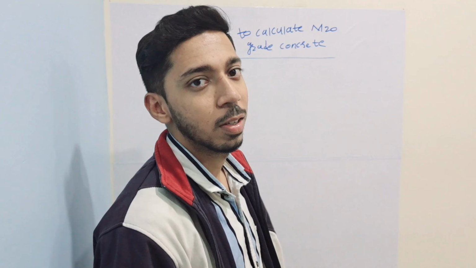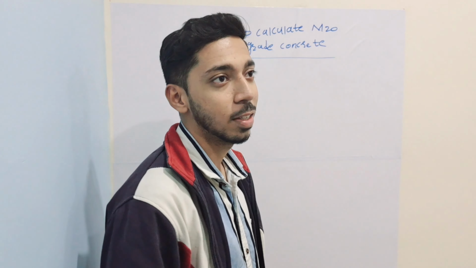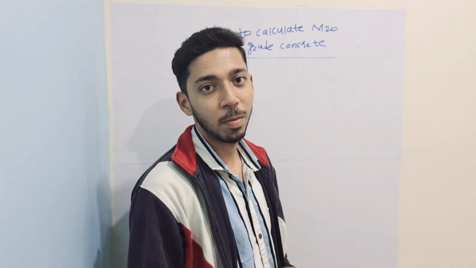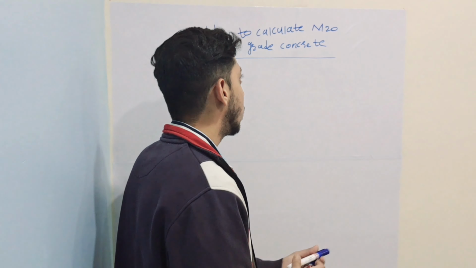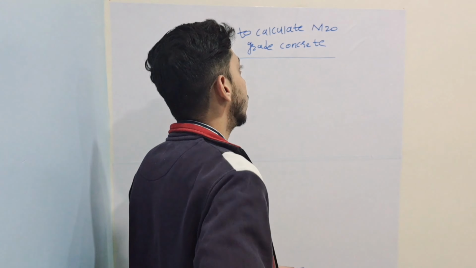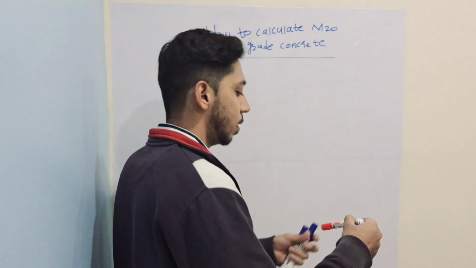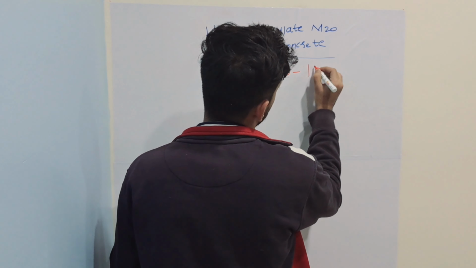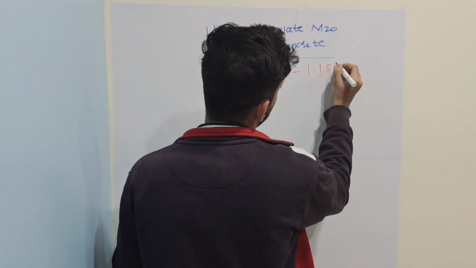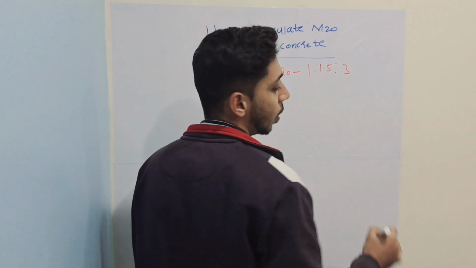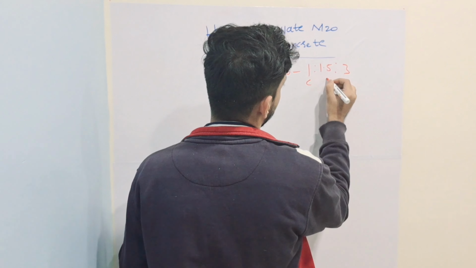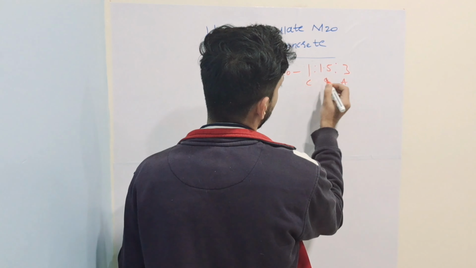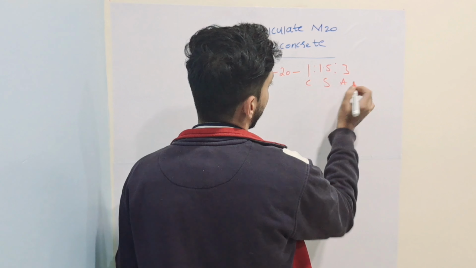Generally, we know what M20 is: M is mix, and 20 is the characteristic compressive strength as performed in the lab. The general ratio for M20 grade concrete is 1 to 1.5 to 3. That is 1 part of cement, 1.5 parts of sand, and 3 parts of aggregate.